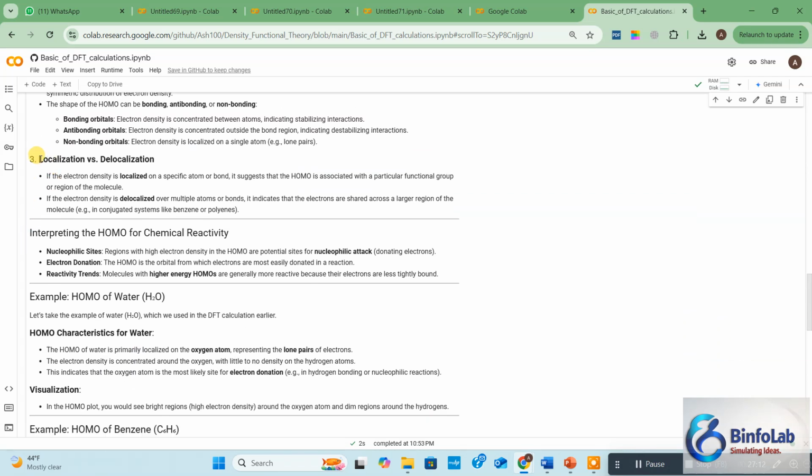Okay. The third thing you should look for is localization versus delocalization. If the electron density is localized on a single atom or bond, it suggests that the HOMO is associated with a particular functional group or region of the molecule. If the electron density is delocalized, it means that the electrons are shared across large regions of the molecule.